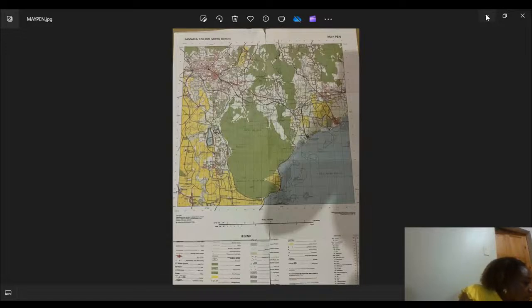So in terms of that, mainly those two agricultural land uses, right? You have to describe the agricultural land use, sorry.